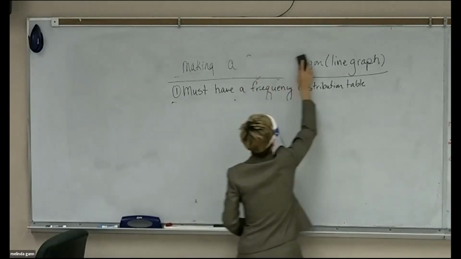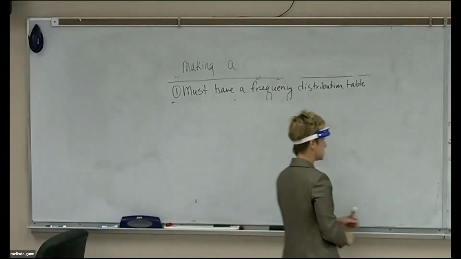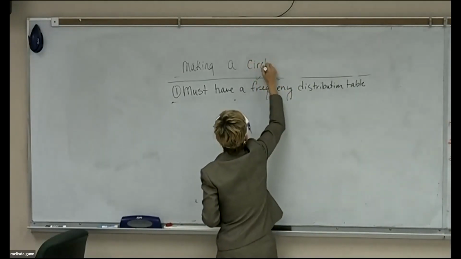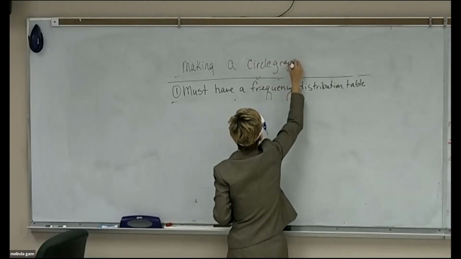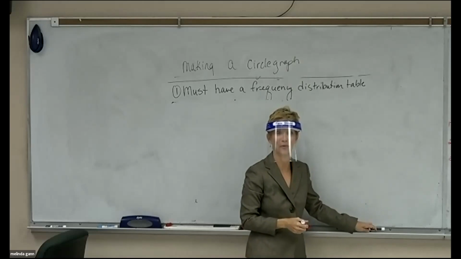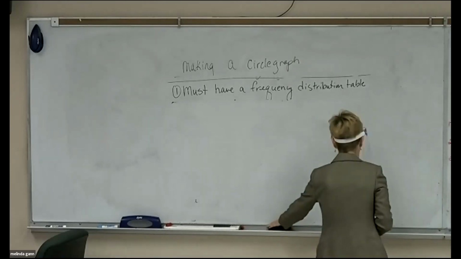Have a frequency. There we go. You got to have a frequency table. So making a circle graph. Hopefully what goes in your head is the word what? Circle. Surely you don't have to say that.